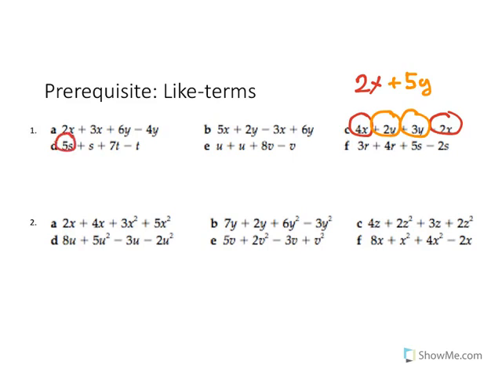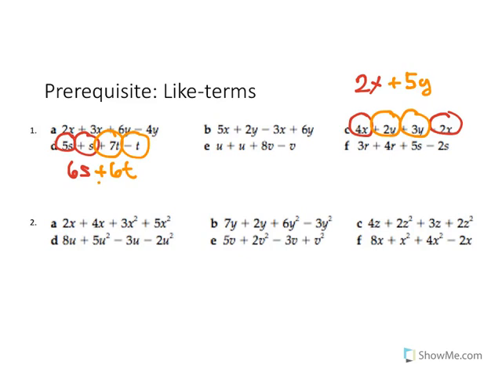You have 5 s's plus an s, that makes 6 s's. And they have a positive 7t and a minus t. Keep in mind that minus t basically means minus 1. So 7 minus 1 makes 6t, and that 6 is positive, so plus 6t.